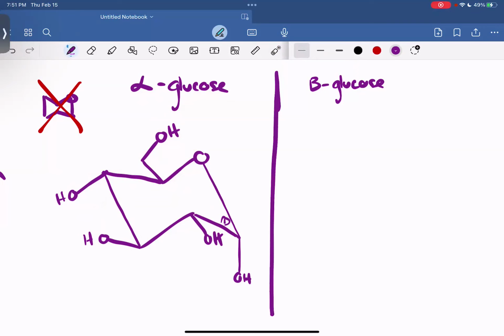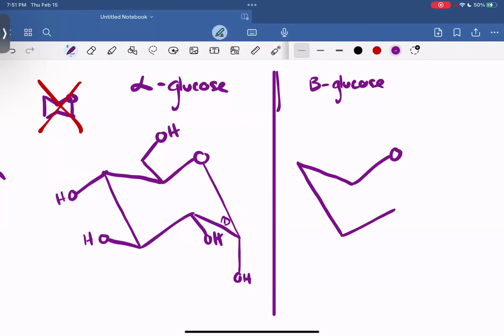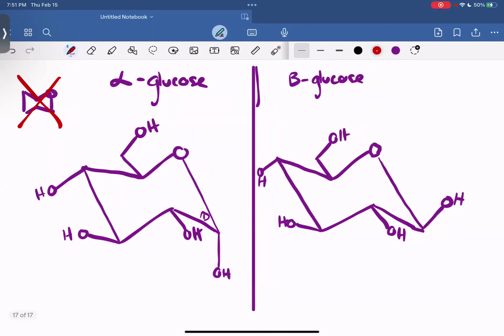On the other hand, beta glucose, we'll go ahead and draw it. It doesn't look very good, but it is where the alcohol on the anomeric carbon is going in the equatorial position.